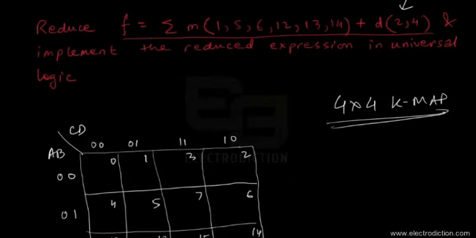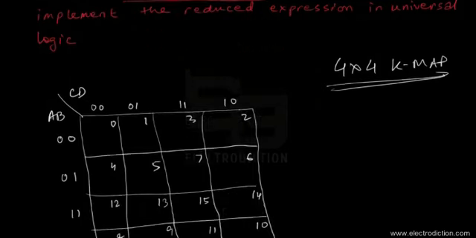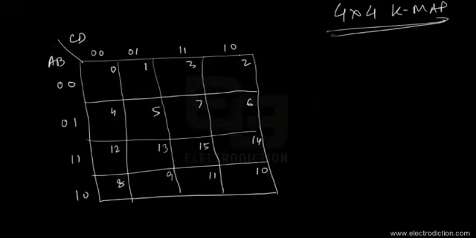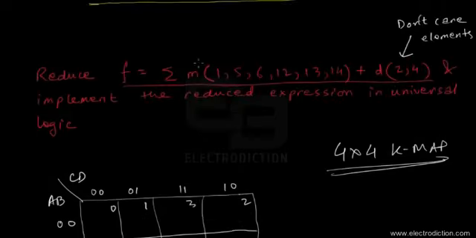The function says the elements 1, 5, 6. Let's put them down in the K-map. I'll use a different color. So 1, 5, 6, there you go. Since it's a SOP expression, take note of this: it has a sigma sign over here, so it's a sum of products function.